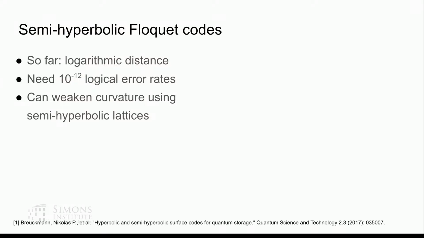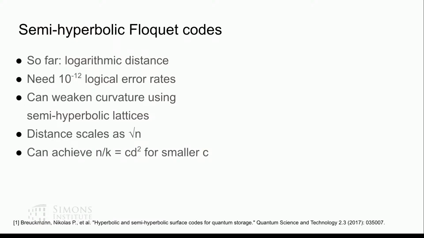We can weaken the curvature using semi-hyperbolic lattices to obtain code families with distance scaling as square root of n. If we define a family of codes this way, we take some hyperbolic tiling and then fine grain it. We no longer have an asymptotic improvement over honeycomb codes. But we can achieve some ratio n over k equals c d squared, where this constant c is much smaller than for the honeycomb code.